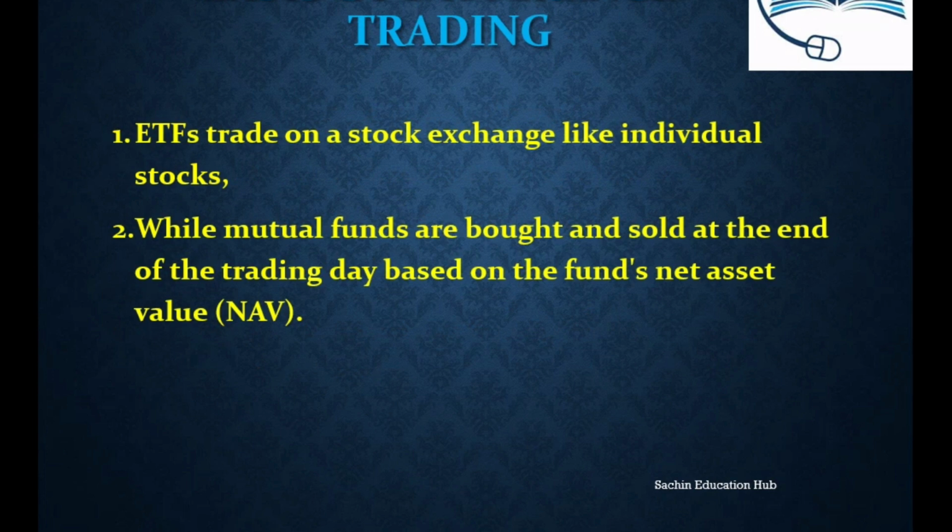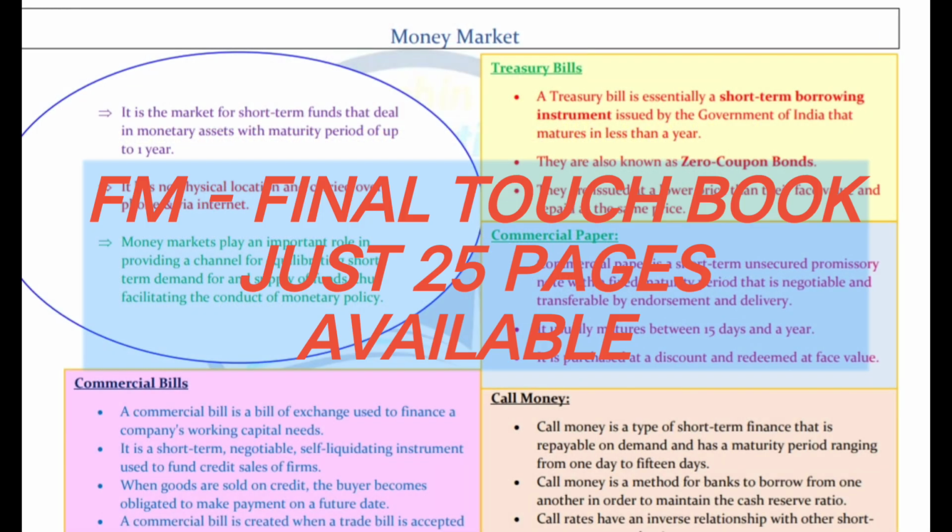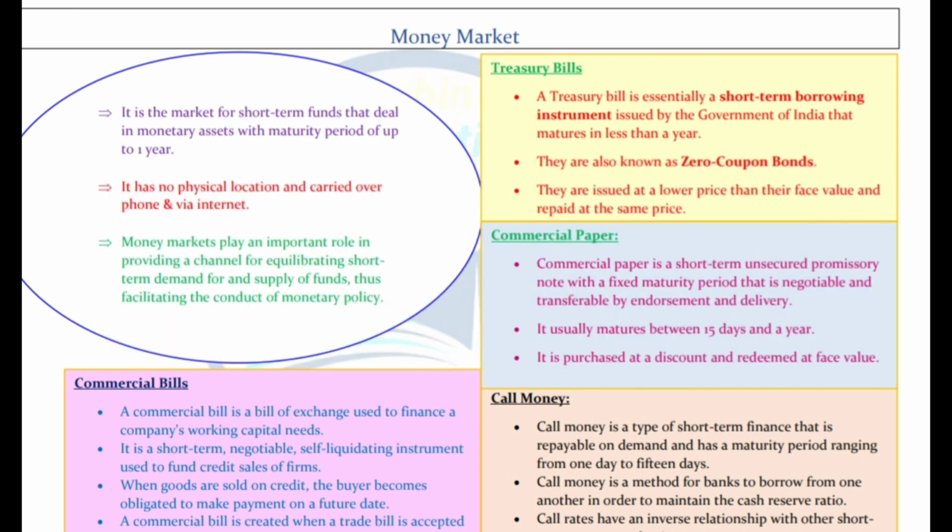So in simple words, these two terms differ from the point of view of trading, because an ETF is traded on the stock exchange and the other one is bought and sold at the end of the trading day.